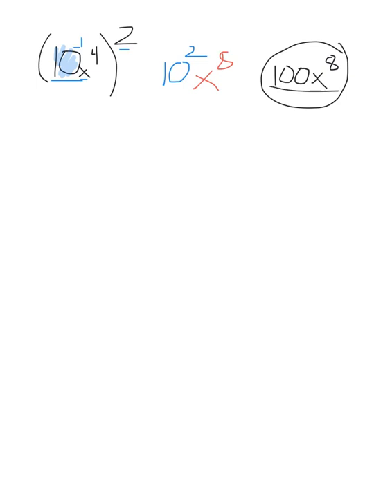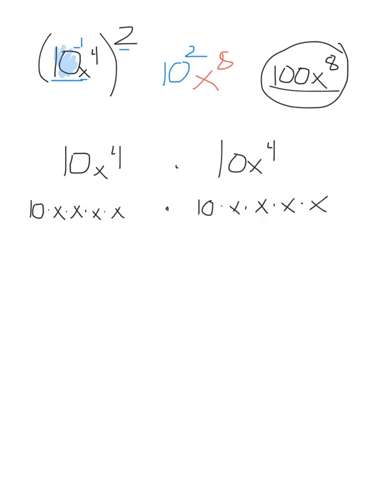Now, if we're writing this in expanded form, here's how the rule looks in expanded form. 10x to the 4th being raised to the 2nd power would just be 10x to the 4th times 10x to the 4th. Now, if we write those in expanded form, that's 10 times x times x times x times x. So we have expanded form now. And once again, we're multiplying these terms together.